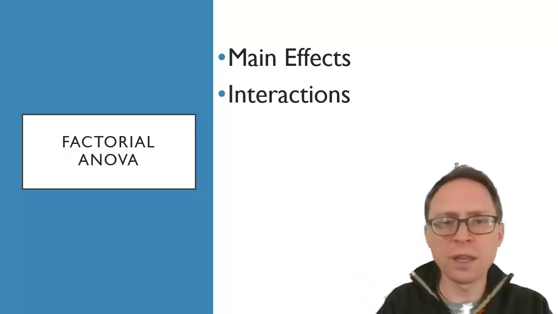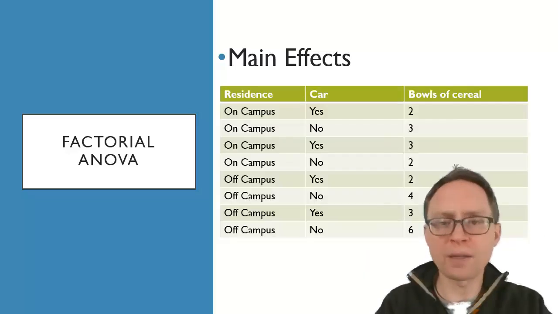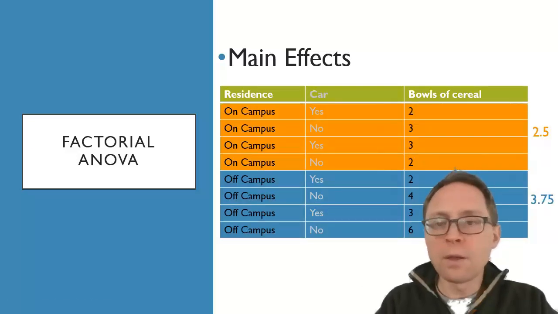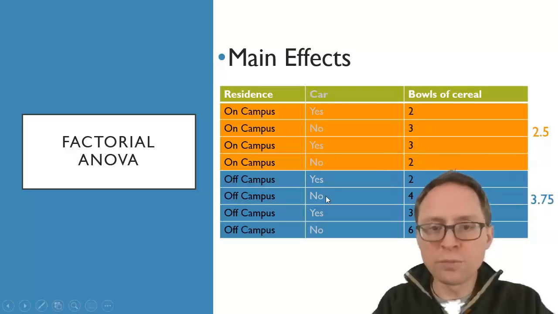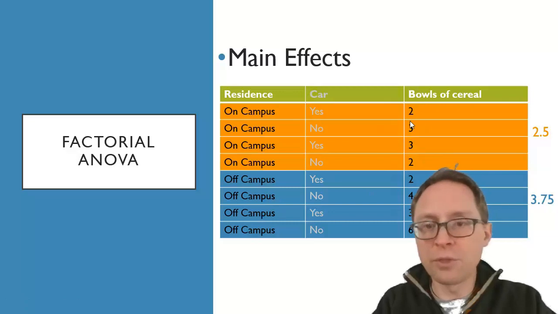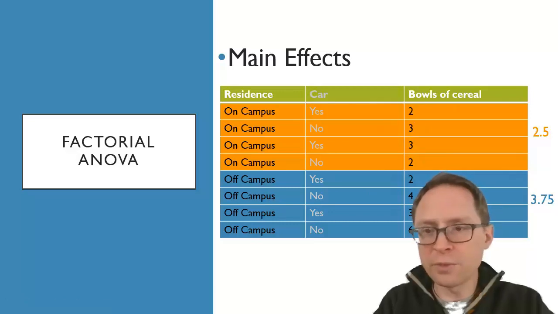So let's look at the data that we were just looking at in terms of a main effect. The main effect that we would be looking at would be comparing these orange scores to the blue scores, right? Everybody who lives on campus compared to everybody who lives off campus. So these bowls of cereal compared to these bowls of cereal. And if you look here on the right, I have the average.